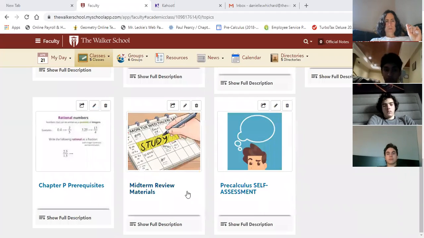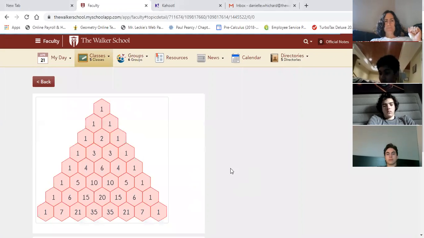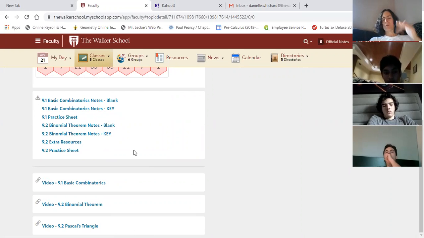All right, if you go to topics, chapter 9.1, and you click on chapter 9, under the binomial theorem notes, I went ahead and put the key up there as well, because I thought it would be helpful as you're doing the notes. Don't just copy the notes, obviously. The key is up there just so you can see all the worked out examples.